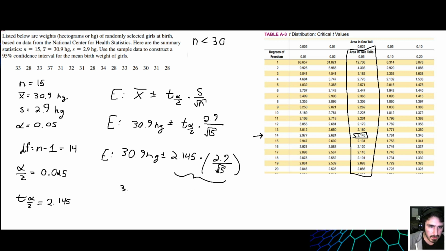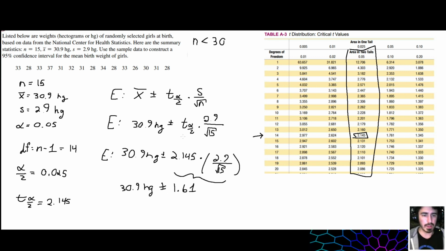So this is going to be 30.9 Hg plus or minus 1.606. So we round this up to 1.61. We don't really need to, but we'll just say that it's 1.6.